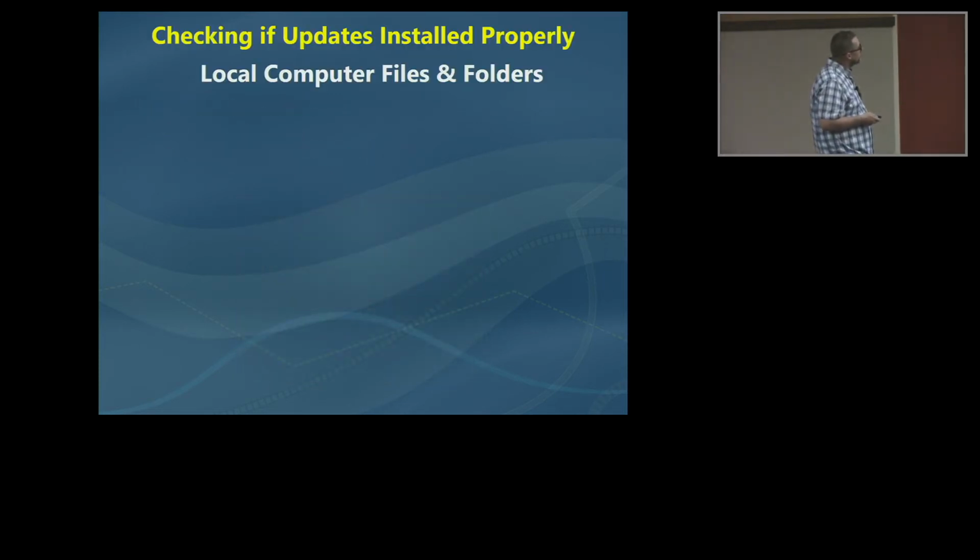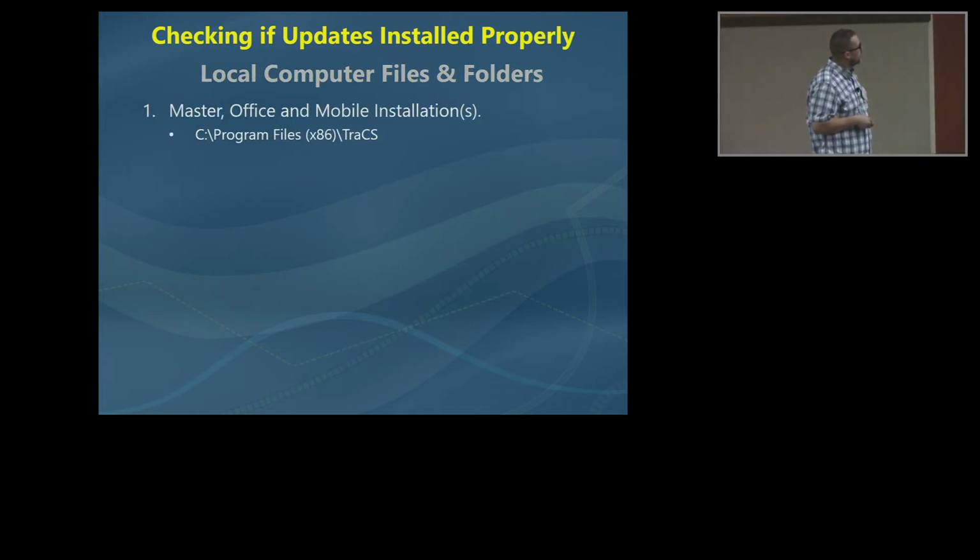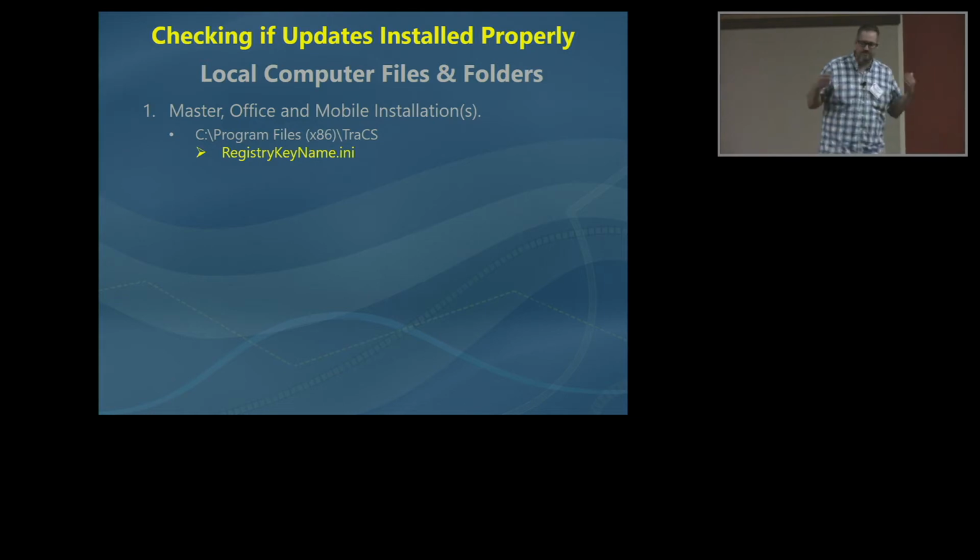So checking to see if the updates have installed properly on the computer that you were working with in the local directories, and this is across the board, master, office, mobile. C drive, Program Files x86, and TraCS. You got a file there, and this is one of the files I want you guys to remember, because you're going to check this, and this is going to be your shortcut into rerunning things.